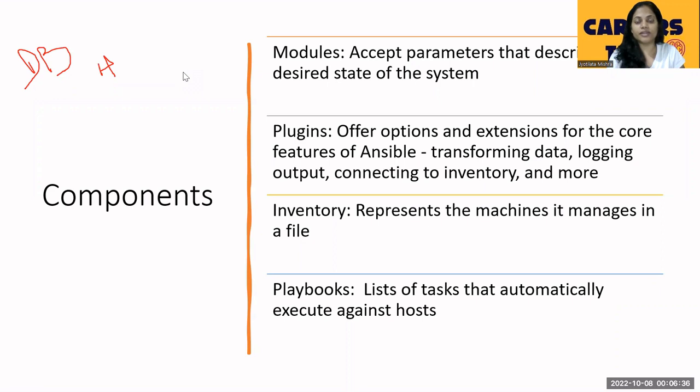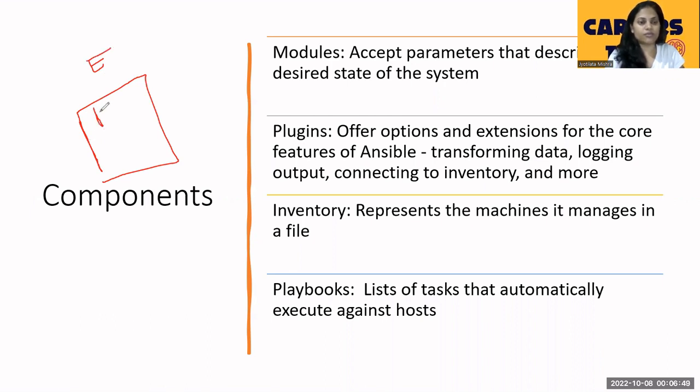If I have to recap the architecture to simplify, you will have something called your engine. This engine would have your modules, your inventory, the plugins and APIs. The inventory would contain the list of host machines where the update needs to be done.